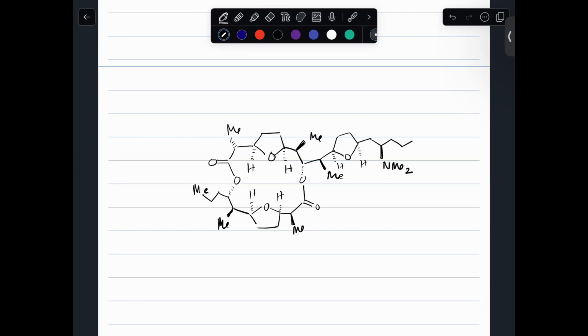It's a pretty intimidating group. It's got a ton of stereocenters, obviously. What Wu decided to do was to focus on the top part of the molecule. So let me go ahead and number it for you. And he started at the lactone carbonyl and moved his way over to carbon 18.